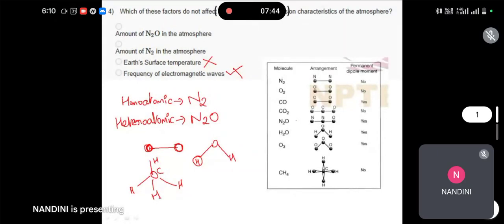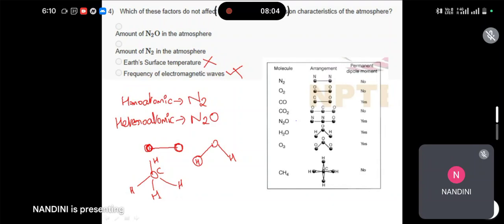So if a molecule has a dipole moment, there are molecules which have a permanent dipole moment and some molecules which don't. If a molecule has a dipole moment, then its rotation causes fluctuation in the electric and magnetic field that can resonate with the frequency of electromagnetic radiation.